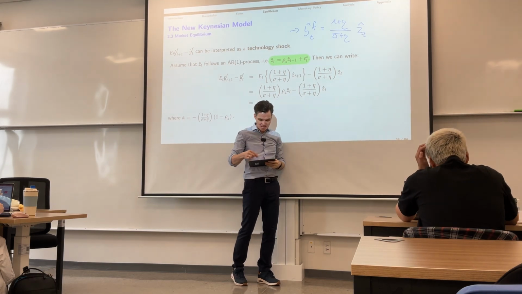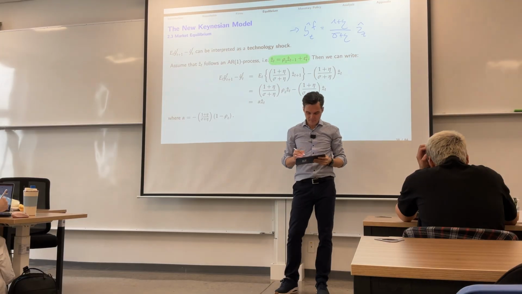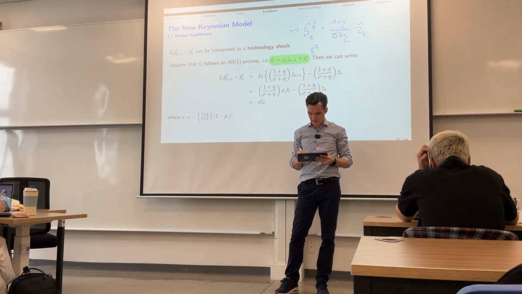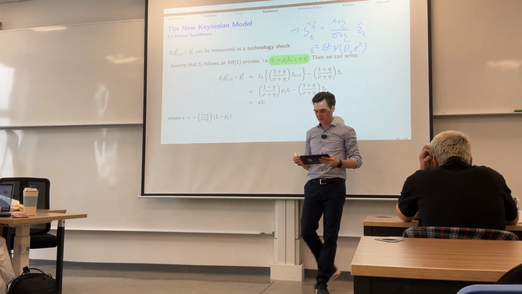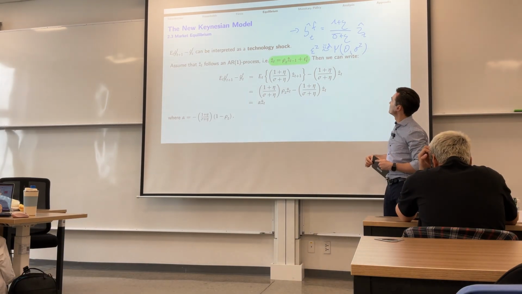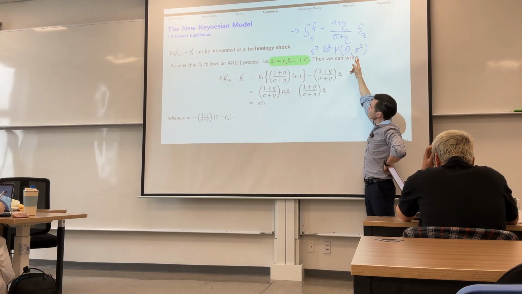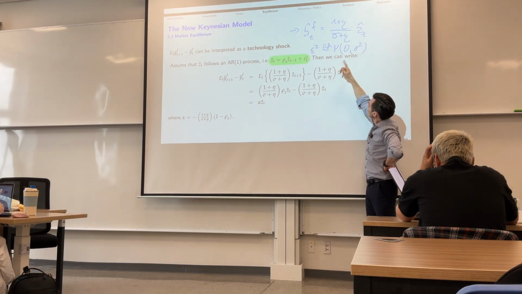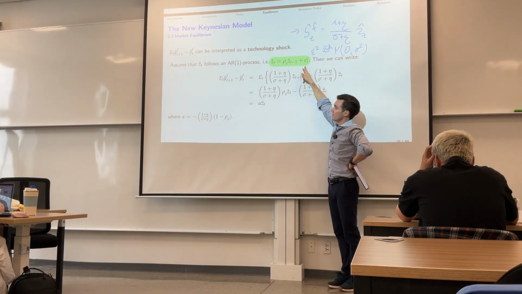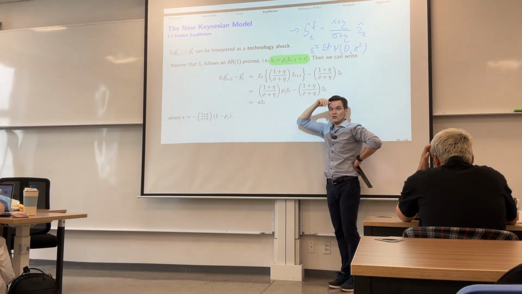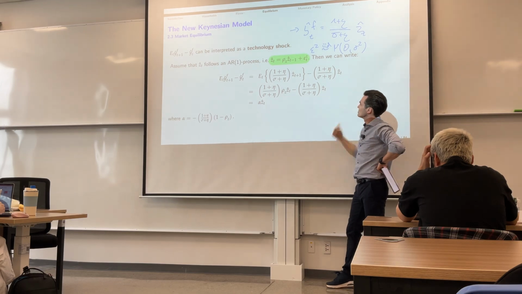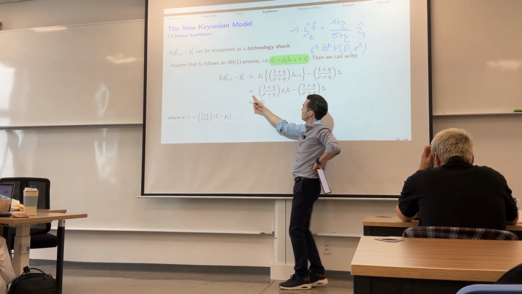So epsilon z is IID, normally distributed with a zero mean and some variance sigma squared. So this epsilon fluctuates with mean 0 and some variance. Those two assumptions, the AR1 assumption plus the definition of the potential output, are going to give us the mapping from here to there.